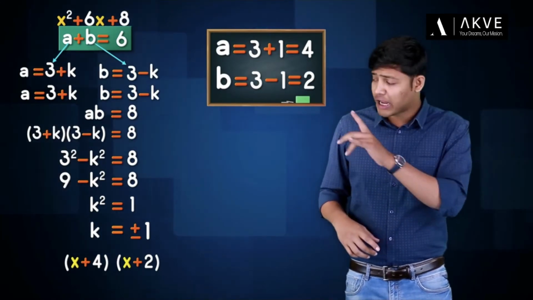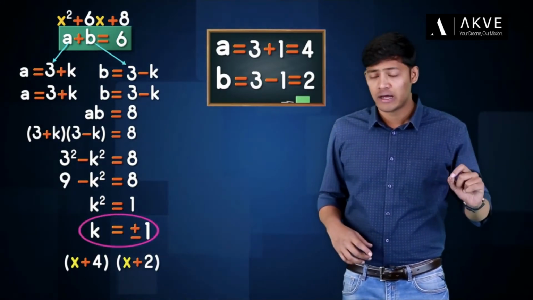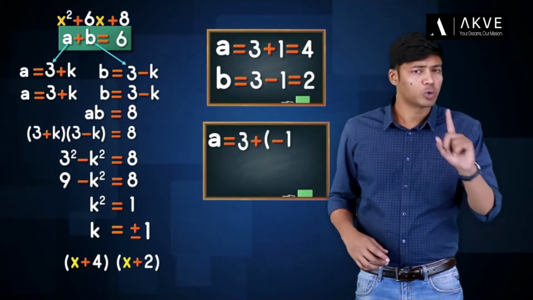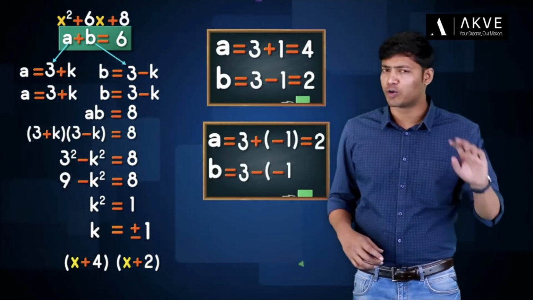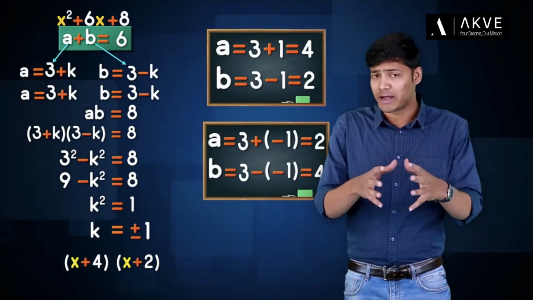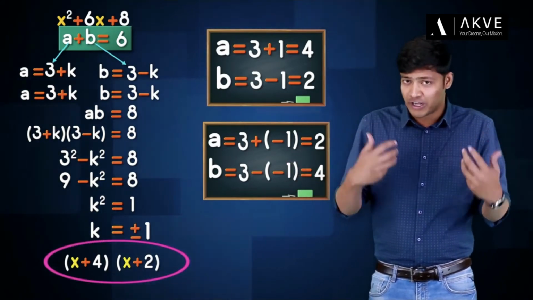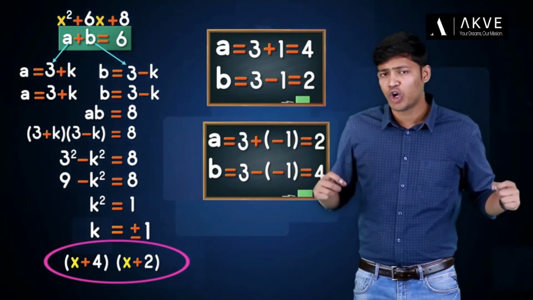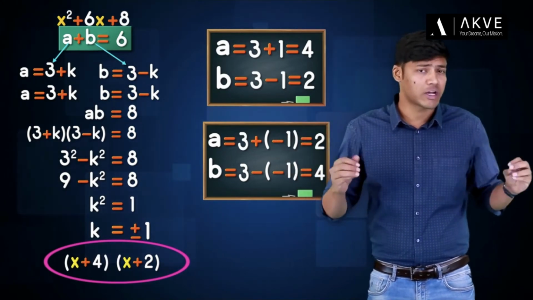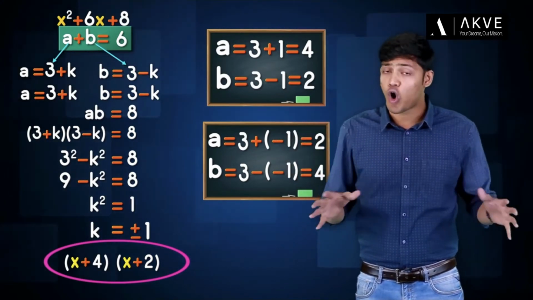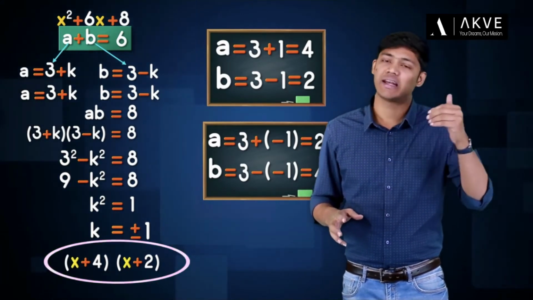If we consider k to be equal to minus 1, then a will be equal to 2 and b will be equal to 4, and again the factors will be x plus 4 and x plus 2. So here we can clearly see that no matter what value of k we consider, the factors will always be x plus 4 and x plus 2.